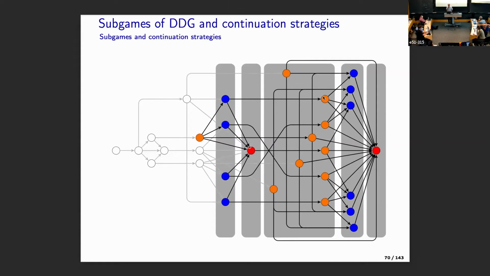All right, now let's think about the subgames. We can think of a game that starts at any given point in the state space. And from just the structure of the transitions, we show in the paper that in order to solve the subgame of this whole game that is given by all of these points here, you can actually restrict yourself to the continuation strategies, which are optimal actions at that one point, taken together with the optimal strategies on the dependent stages.